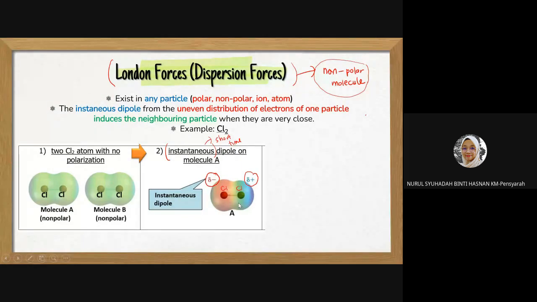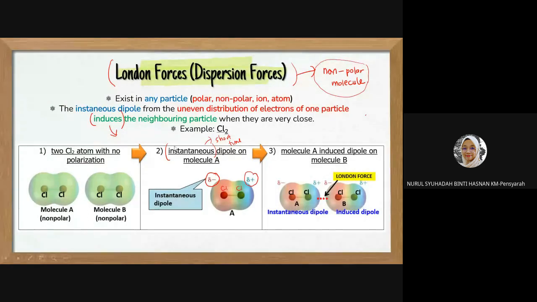So what happened is this instantaneous dipole akan induce. Induce ni maksudnya apa? Okay, perkataan induce dekat sini maksudnya dia akan menyebabkan sesuatu benda ikut dia. So, this instantaneous dipole, it will induce molecule B tadi. So, molecule B tadi adalah non-polar.